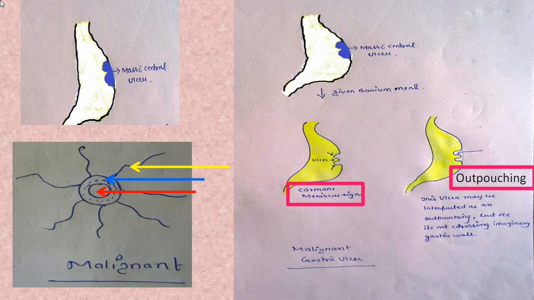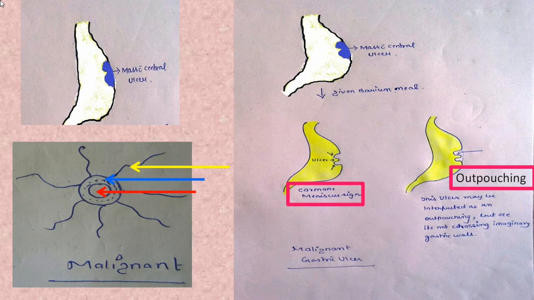So the rugal folds, the yellow arrow, can't reach the ulcer margin. That is, we see a gap between the ulcer and the rugal folds because of the tumor, because of the heaped margin, that is the blue arrow. Okay, and the third picture, see here is the outpouching.